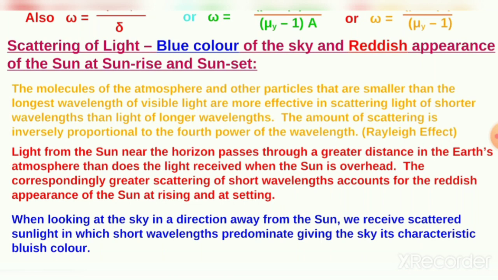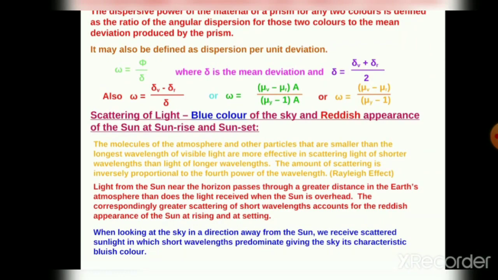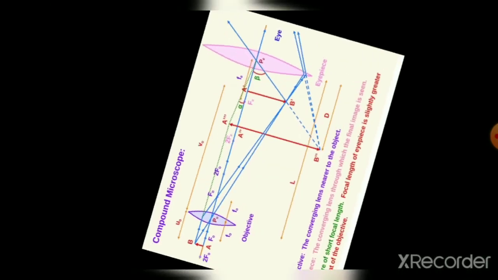When you look at the sky away from the direct sun, you receive scattered sunlight in which the shorter wavelength and the longer wavelength behave differently, so this phenomenon gives the bluish and reddish observations.